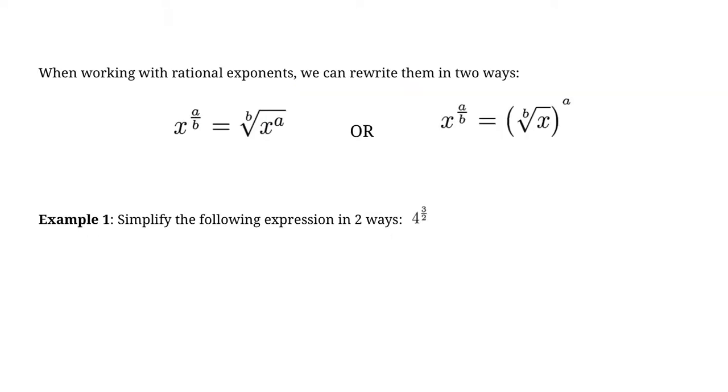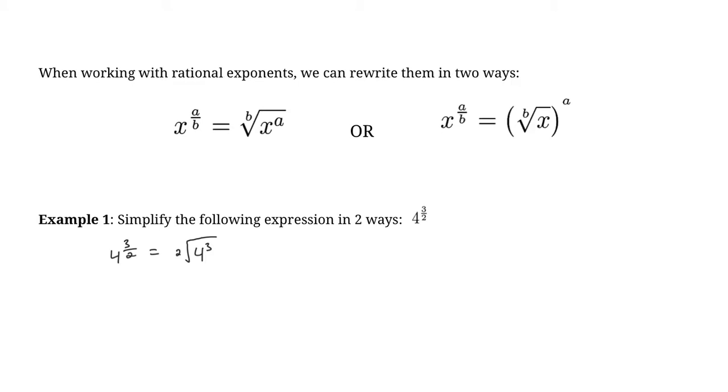In this first example, we're going to simplify 4 to the power of 3 over 2 in two different ways. So if we have 4 to the power of 3 over 2, we can rewrite it like this. So 4 is our base. So our numerator 3 is the power on our base. And since 2 is our denominator, this is just going to be a square root.